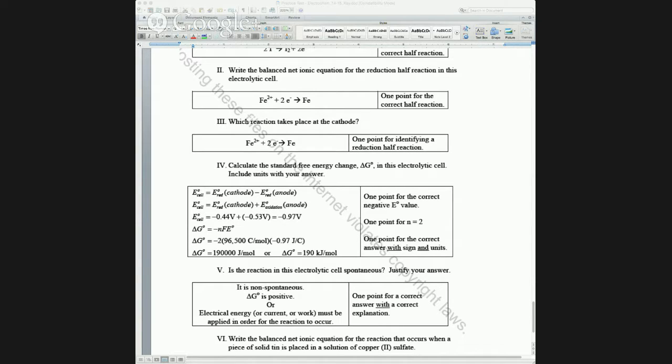Where is it? All right. Practice test, Electrochem 1415. Maybe I just opened it up, or I just changed it.